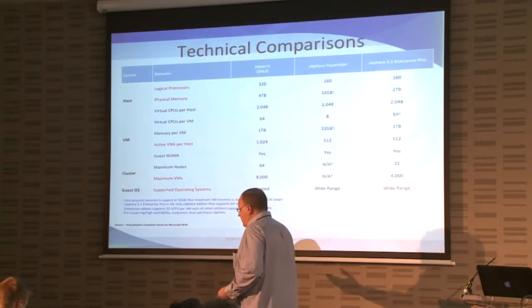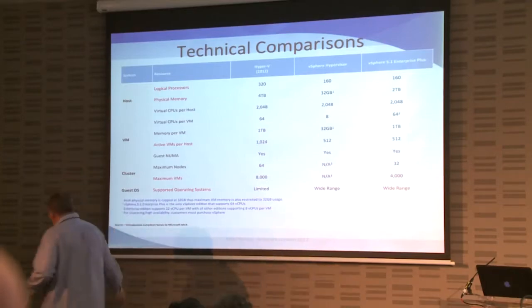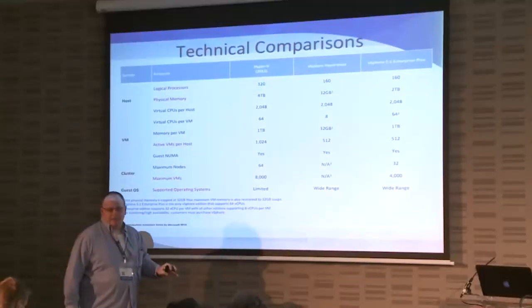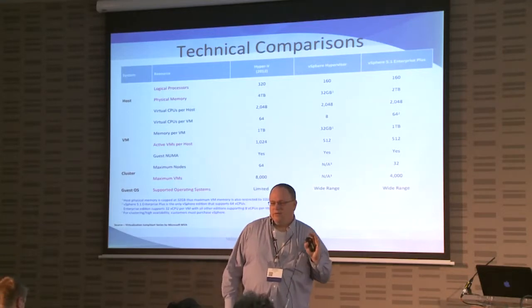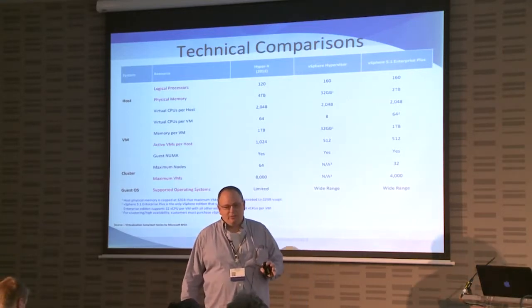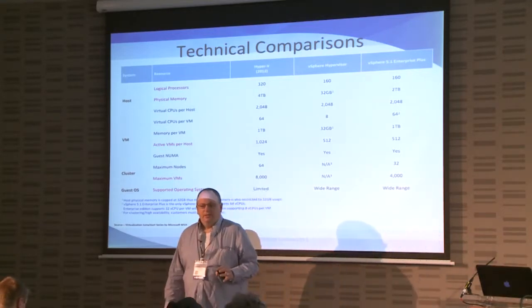Some technical comparisons. I've highlighted a few of them. I'm not going to cover all of them, but there are some that need to be called out. If you look at the Hyper-V version 3, for some reason, Microsoft got really upset about the whole VMware coming back and saying, you guys can't match what we can do when they had version 2. Okay?